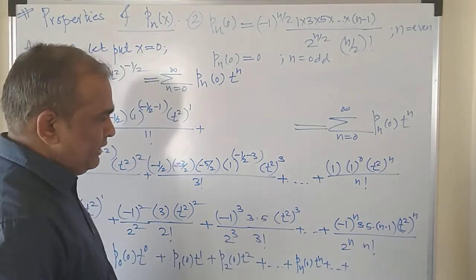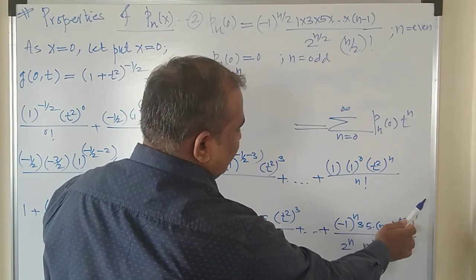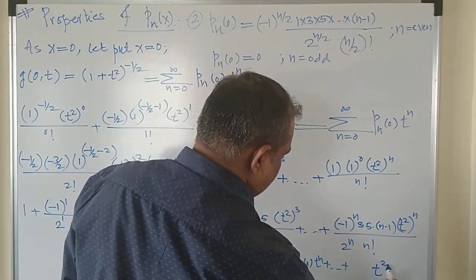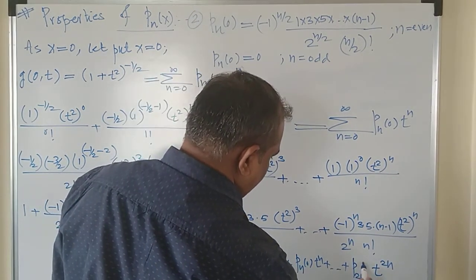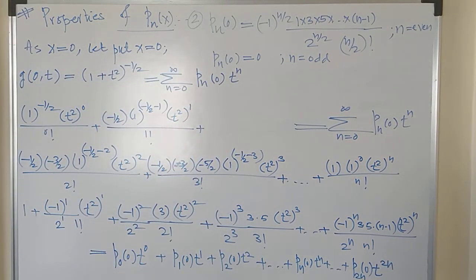After some time you will get t raised to 2n, because here we have t squared raised to power n, that means t raised to 2n. So you will get P2n of 0 into t raised to 2n, isn't it?